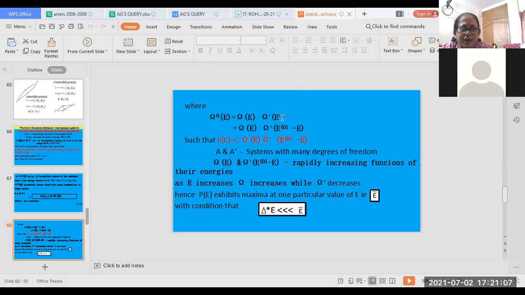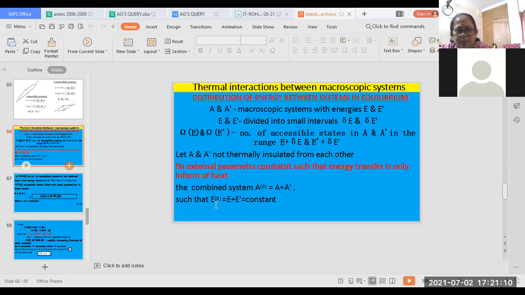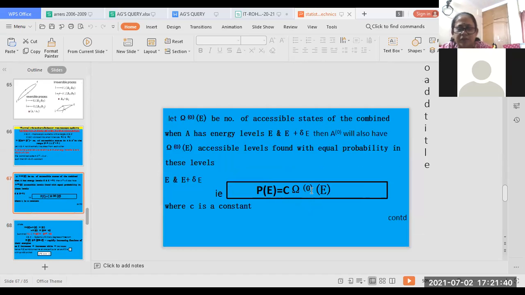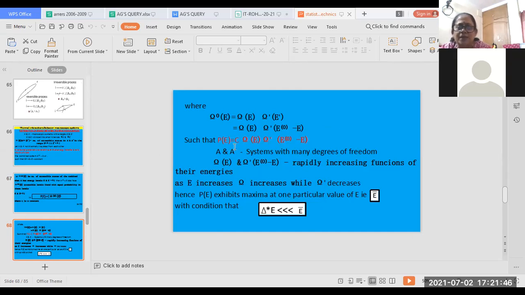E0 is made up of E plus E dash, so E dash can be written as E0 minus E. The value of omega 0 E comes out to be omega E times omega dash E0 minus E. Substituting in the previous equation, P of E equals C times omega of E times omega dash E0 minus E.